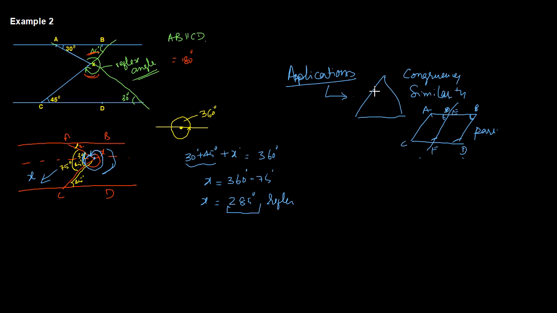Whatever they are asking. So if it is a triangle, and there is a line passing through two sides but parallel to the base, say ABC, DE is parallel to BC. What does it mean? Again, same thing, corresponding angles.